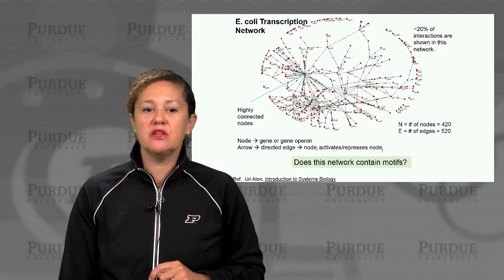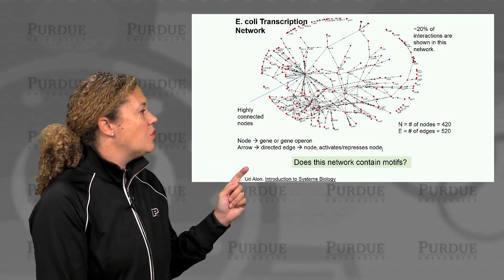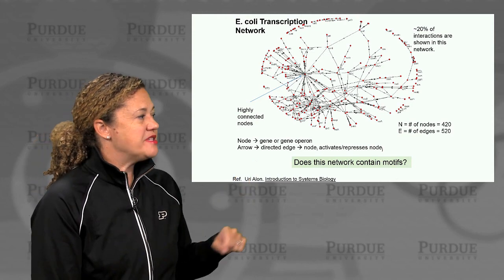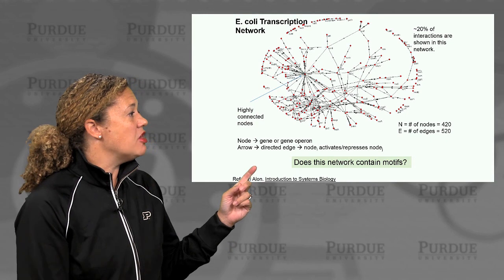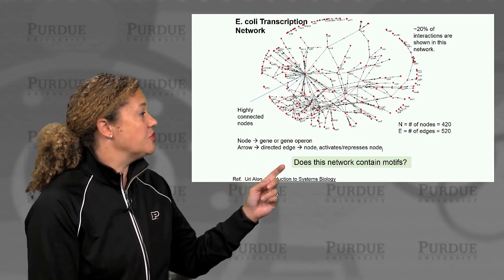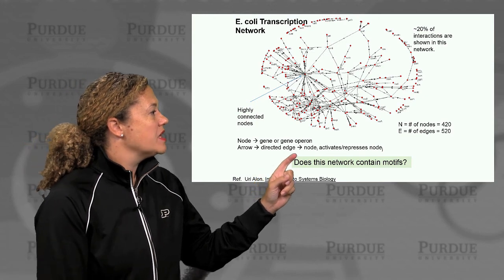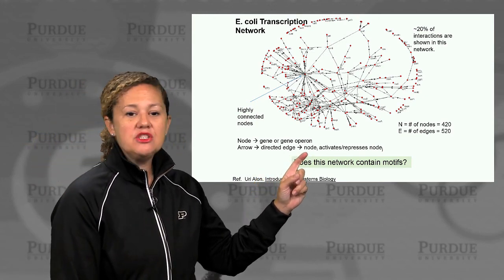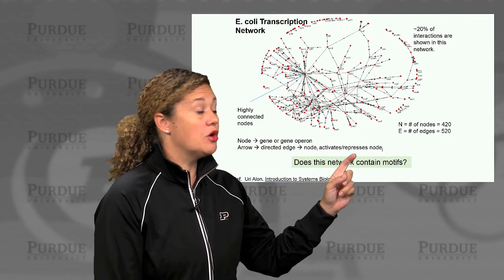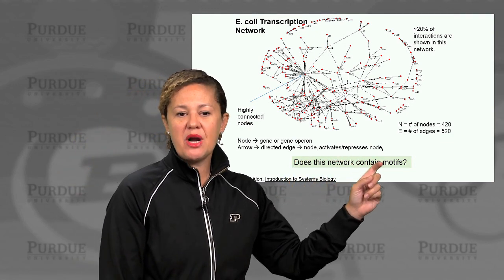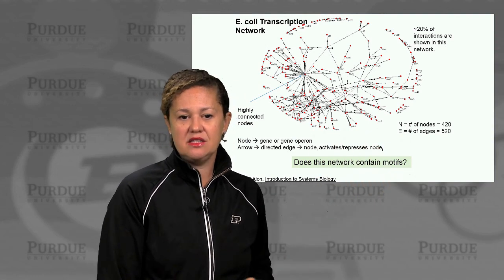So let's take a look at another real network now. This is an E. coli transcription network where each node represents a gene or a gene operon in E. coli. Each arrow or edge here, and we have direction to these, so this is a directed network, represents how that gene or operon at that node either activates or represses the expression of the gene or operon that it connects to.